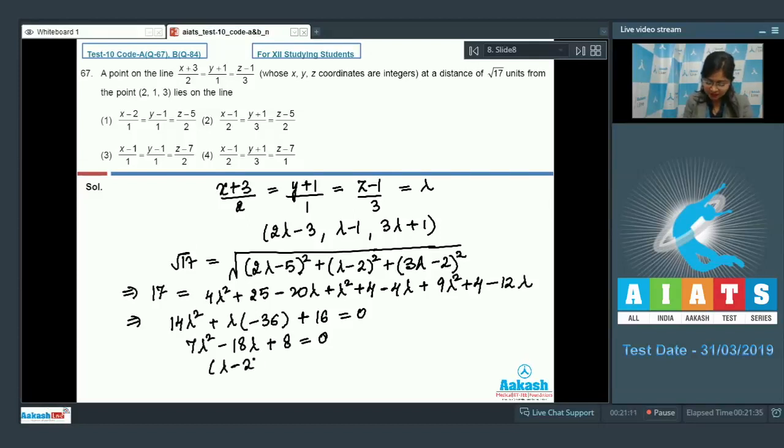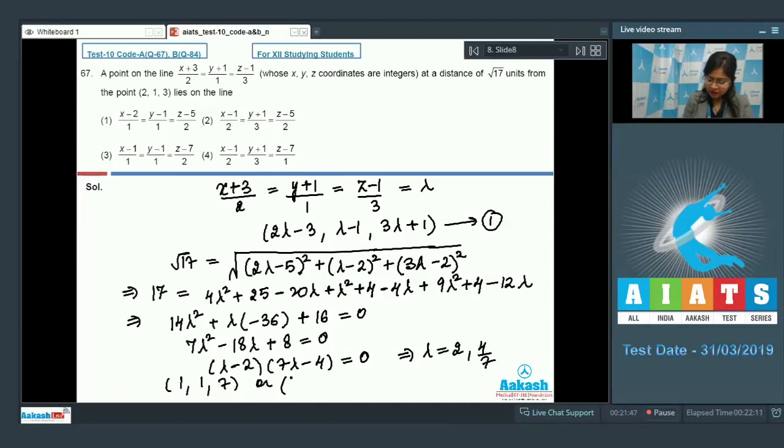Cancelling it with 2, we will get 7 lambda square minus 18 lambda plus 8 equal to 0. Making its factors, (lambda minus 2) into (7 lambda minus 4) is equal to 0. So from here we get that the value of lambda is either equal to 2 or 4 by 7. So putting it back in the general point, putting lambda equal to 2, we have 4 minus 3, that is 1, 2 minus 1, that is 1, and 7.